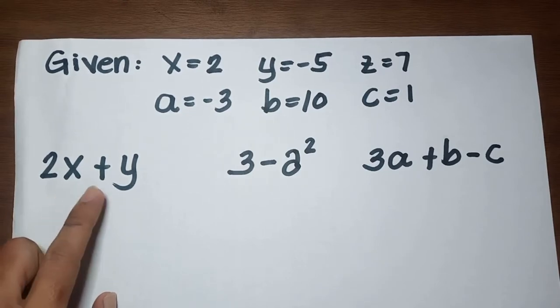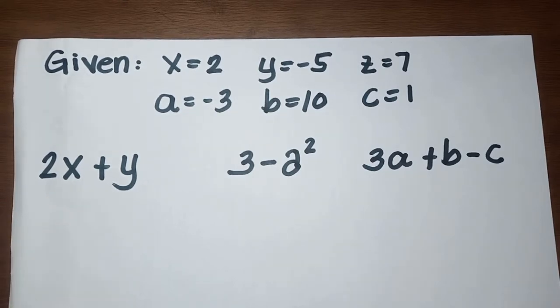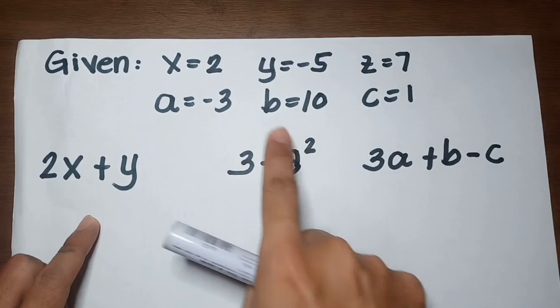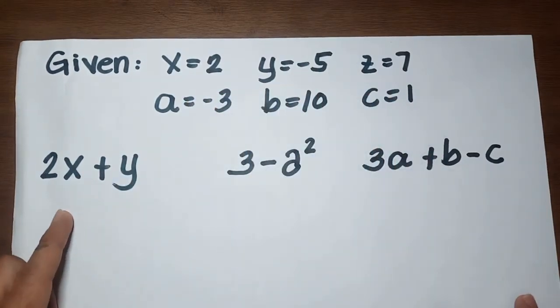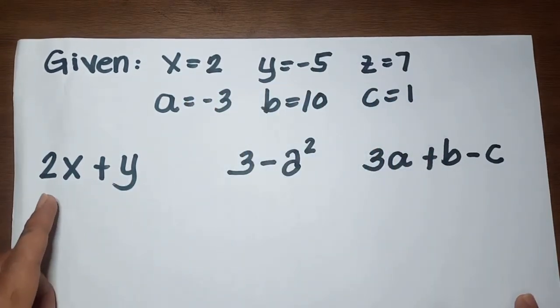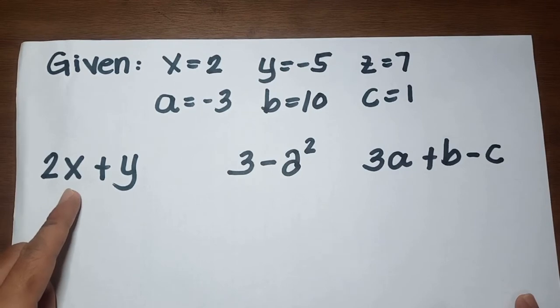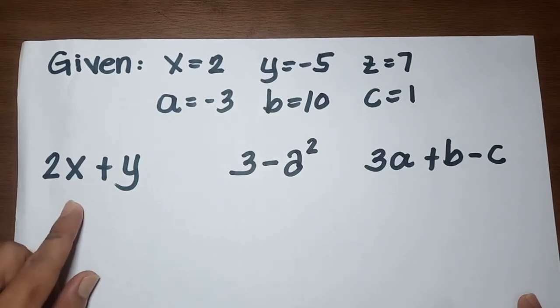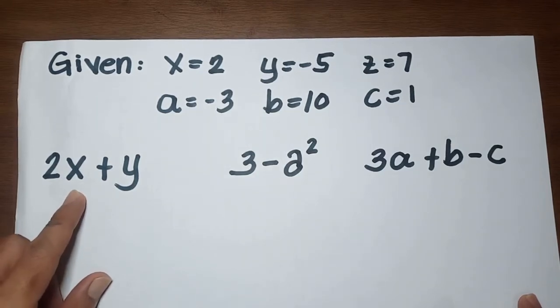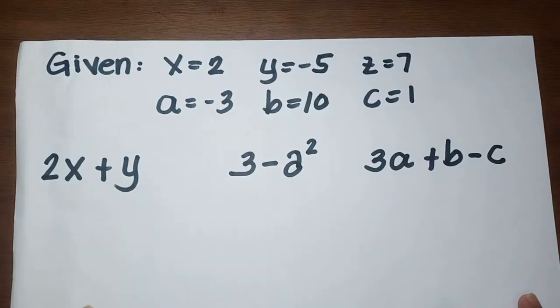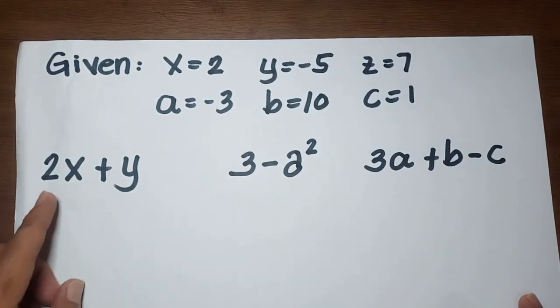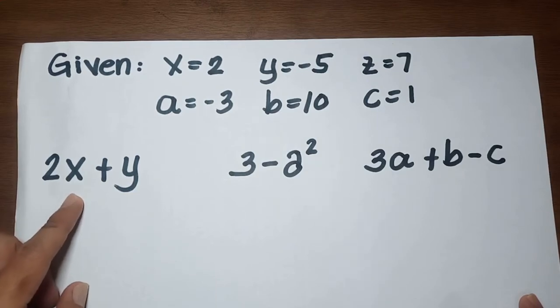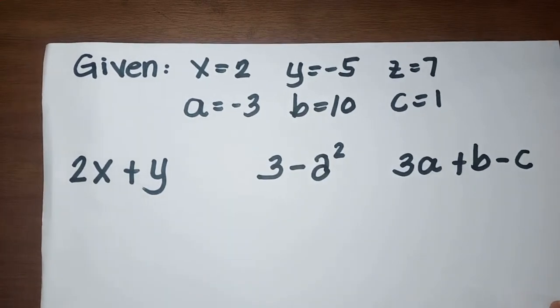This 2x plus y. We just simply substitute the values of our variables given here to the given expression. That means 2x, the operation between 2 and x is multiplication. So when we substitute, see to it that the value of your variable, in this case the variable x is 2, should be enclosed in the parentheses to indicate that the operation between 2 and x is multiplication. So we substitute the value.